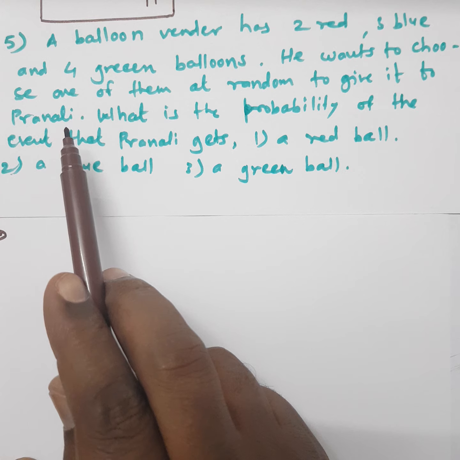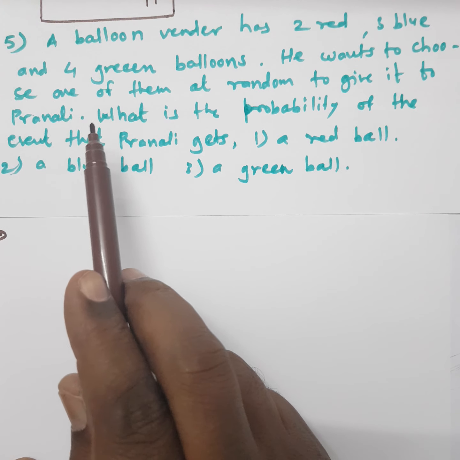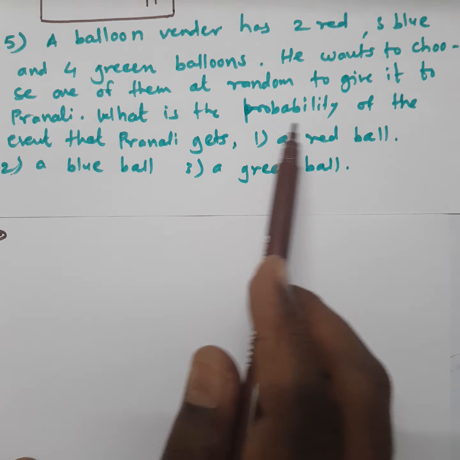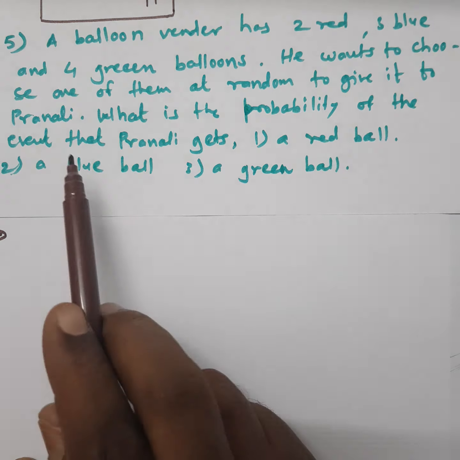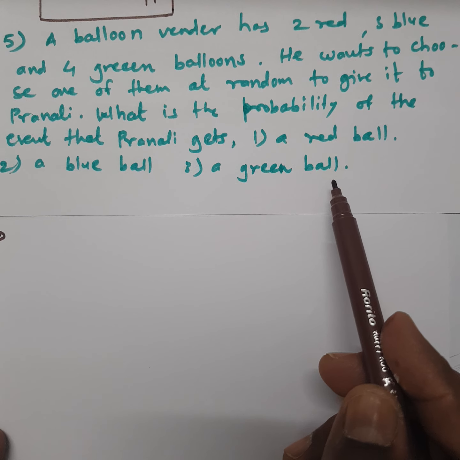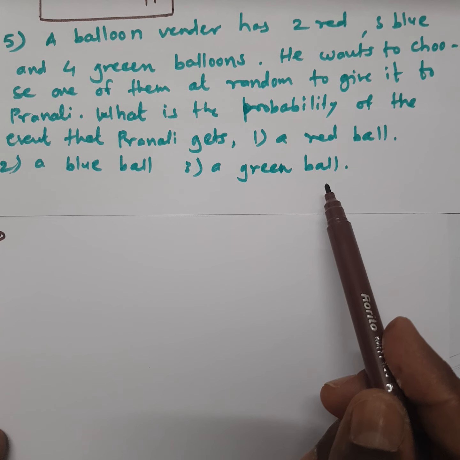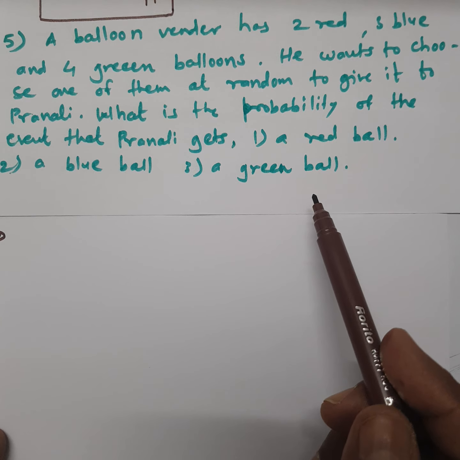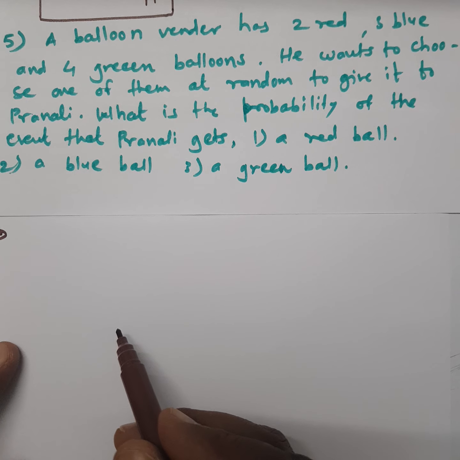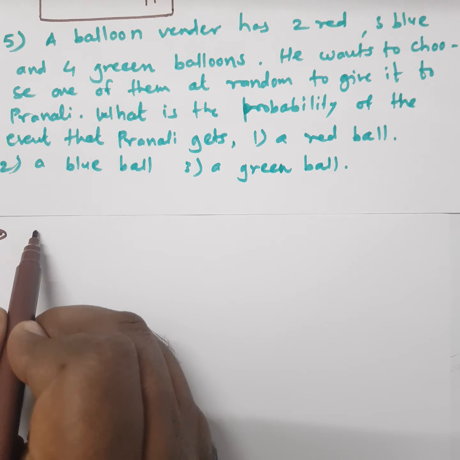He has to give one balloon to Pranali. What is the probability of the event that Pranali gets a red balloon, second a blue balloon and a green balloon? Here we have to consider the notations for these balloons and write the sample space first, number of sample points, then the given 3 events and their probability.